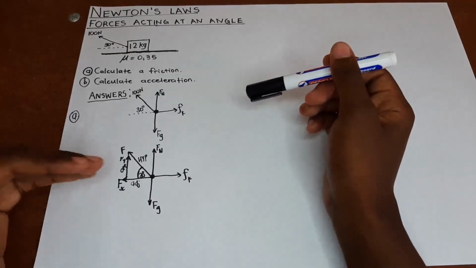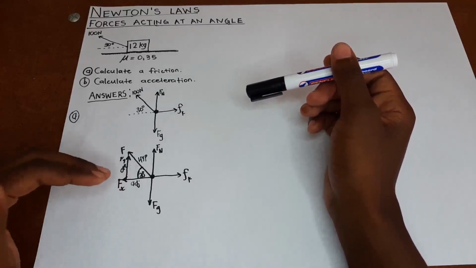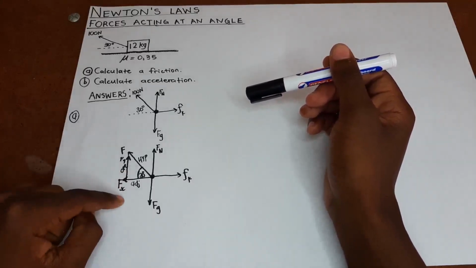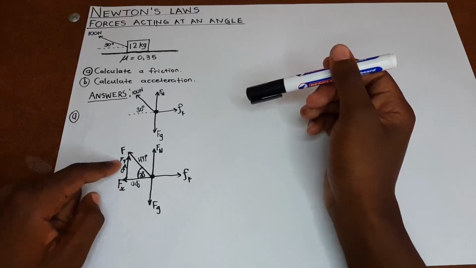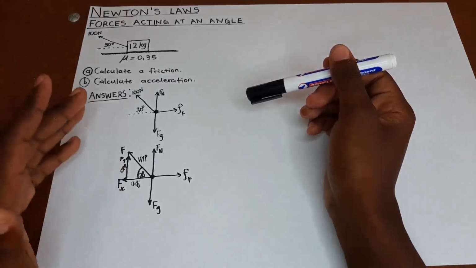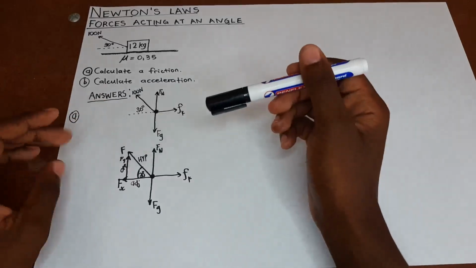In this case we first have to find our Fx, our x component, and after that find our Fy, our y component, the vertical component of this motion.